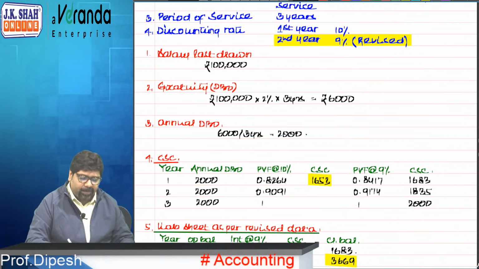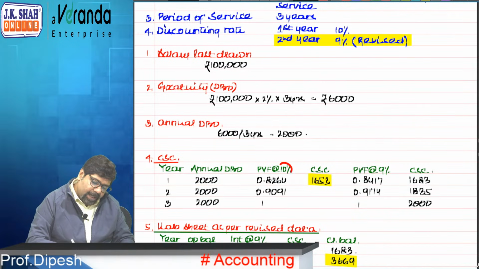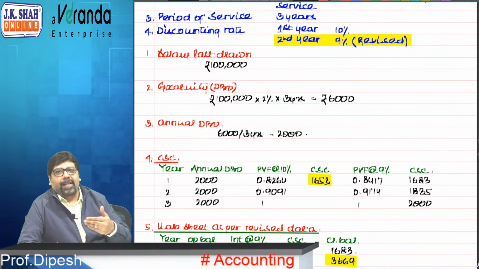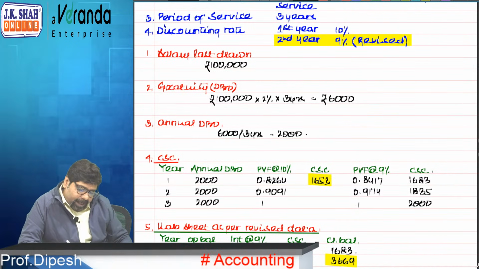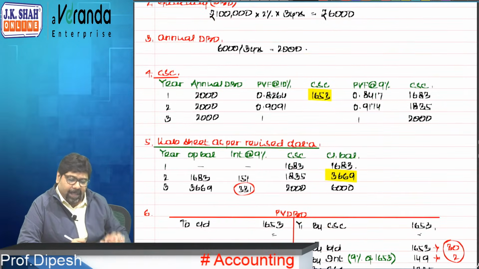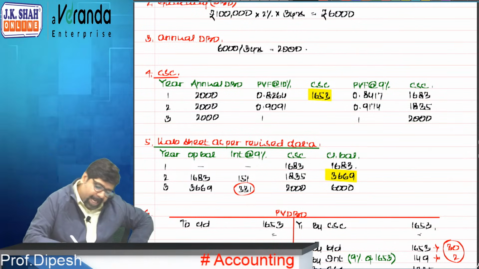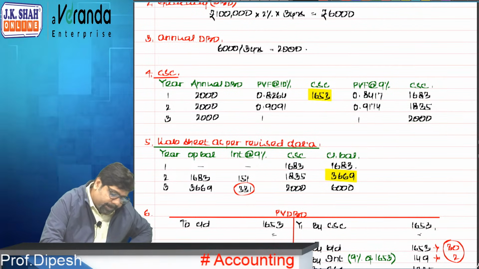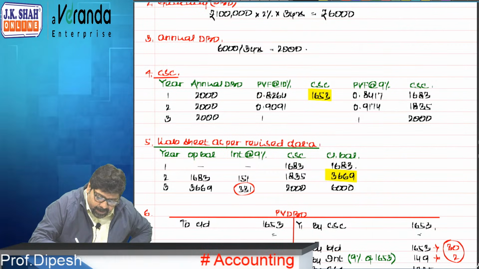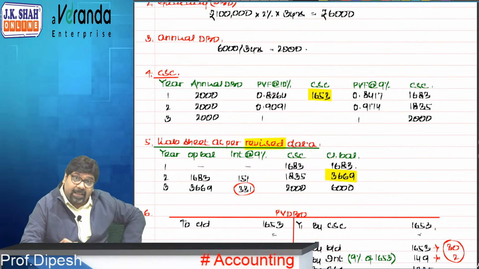In CSC you are supposed to calculate CSC both at 10% and at 9%. Why? Because when you started, you thought it is 10% only, so you calculated CSC for 10%, so first year ka CSC 10%, then 9%. Liability sheet you will prepare as per revised data only. Please don't forget, liability sheet you will prepare as per revised data only.